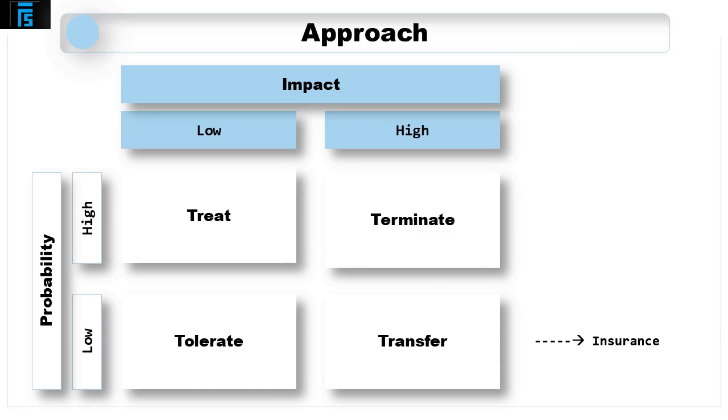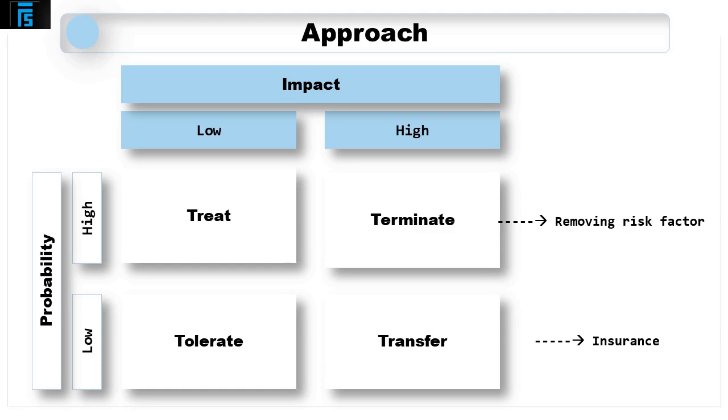Finally, the only way of dealing with risks which have both high impact and a high probability of occurrence may be their termination. Here, termination means removing the source of the risk factor, which is the investment to which the factor is inherent.